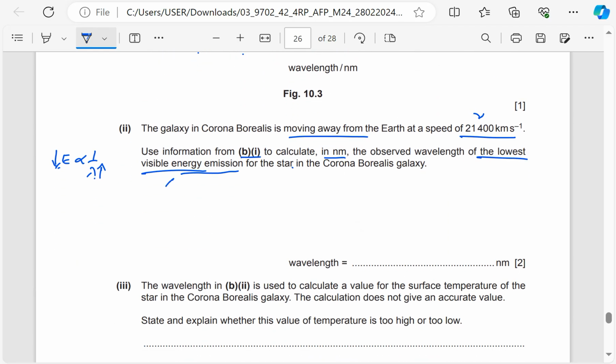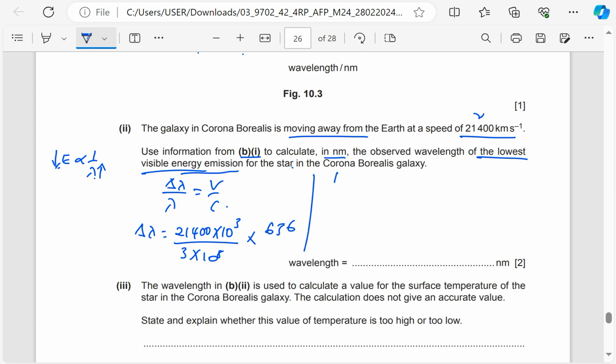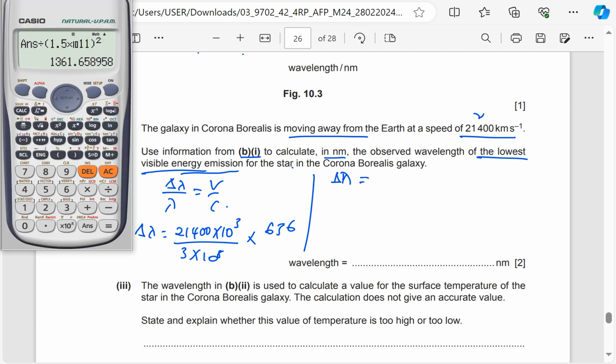So using the Doppler redshift equation, change in wavelength over wavelength is equal to V over C. So we can first find the change in wavelength, which is V, 21400 times 10 to the power of 3, divided by C, which is 3 times 10 to the power of 8, times the wavelength, 656.